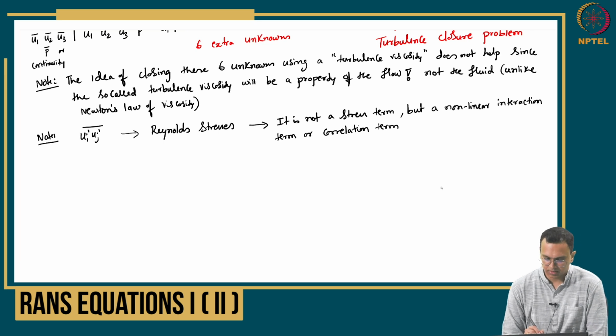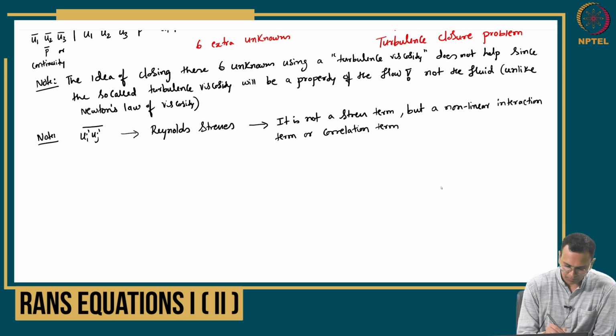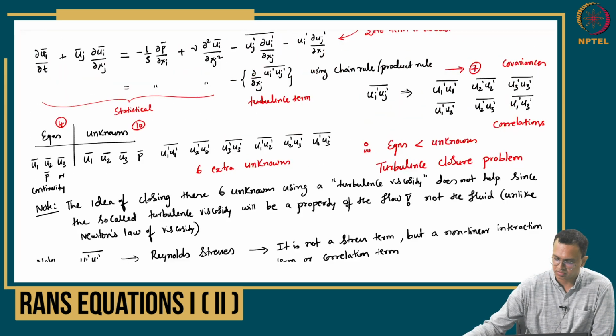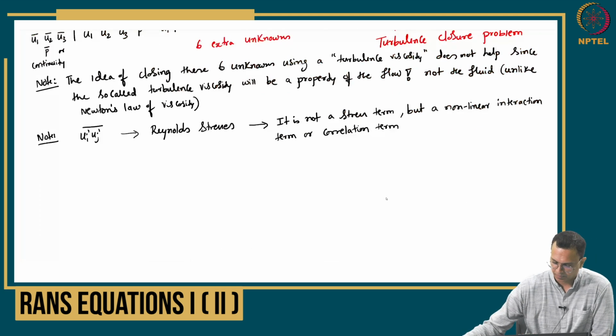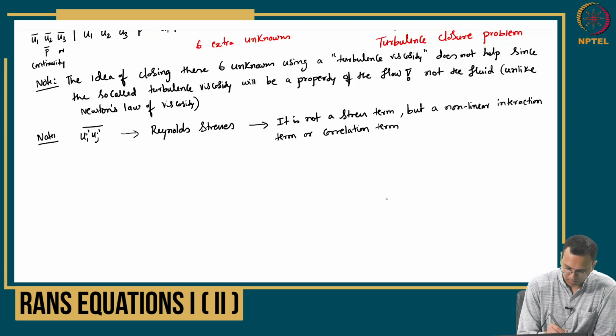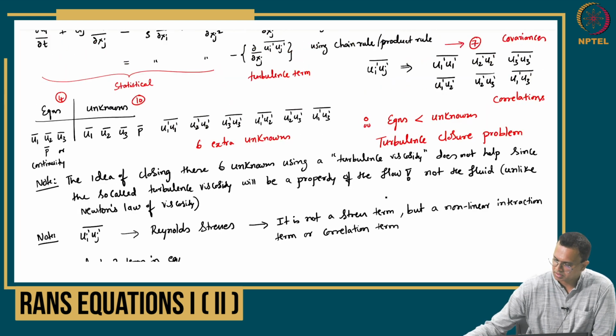or simply you can say a correlation term. So why did we call it a stress? Because if you rewrite the viscous term and the Reynolds stress term, that is these two terms, the nu d square ui bar by dx j square and this term, if I rewrite this, you would get, so rewriting last two terms in equation 7, right? Equation number 7, yes.